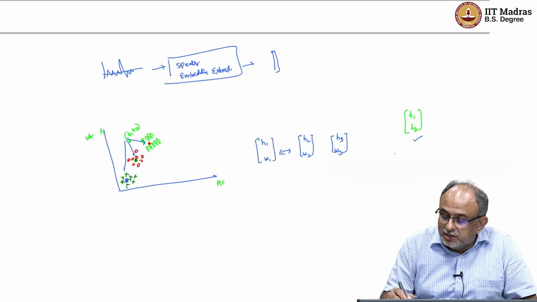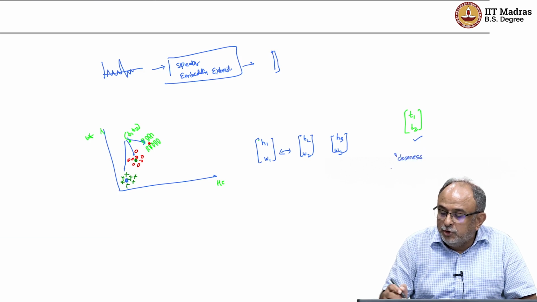So we measured the closeness in terms of Euclidean distance. What do you mean by Euclidean distance?